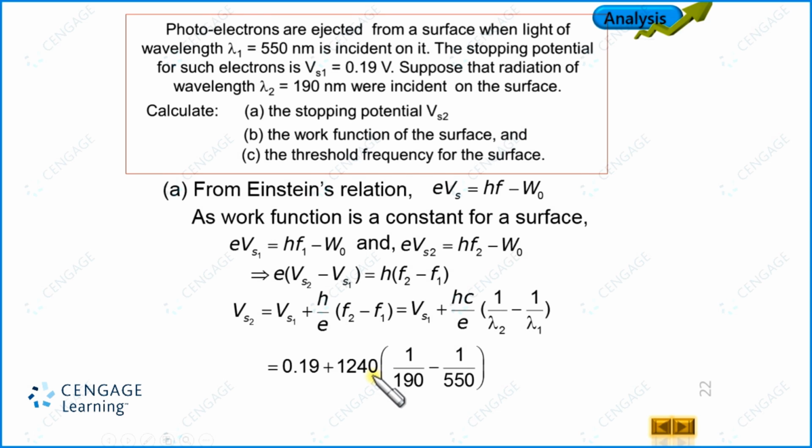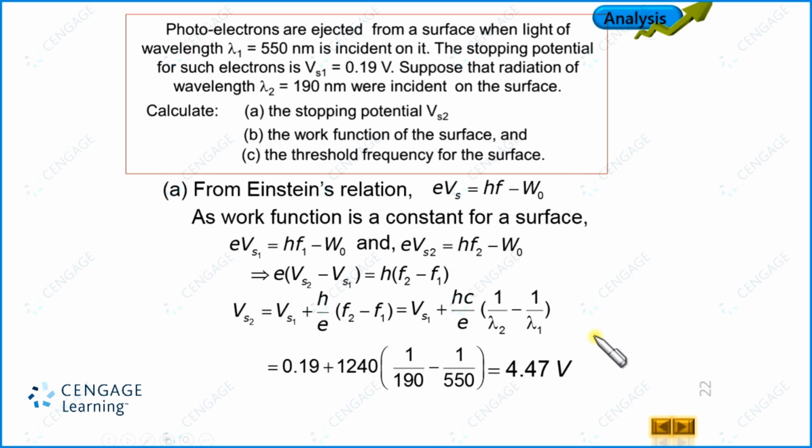If we write the wavelength in angstrom, we need to write 12400, but we are writing the wavelength in terms of nanometer. That's why we have written like this. Now we can solve this value. We'll get the value of Vs2 equal to 4.47 volt. So this is the first part of the question.